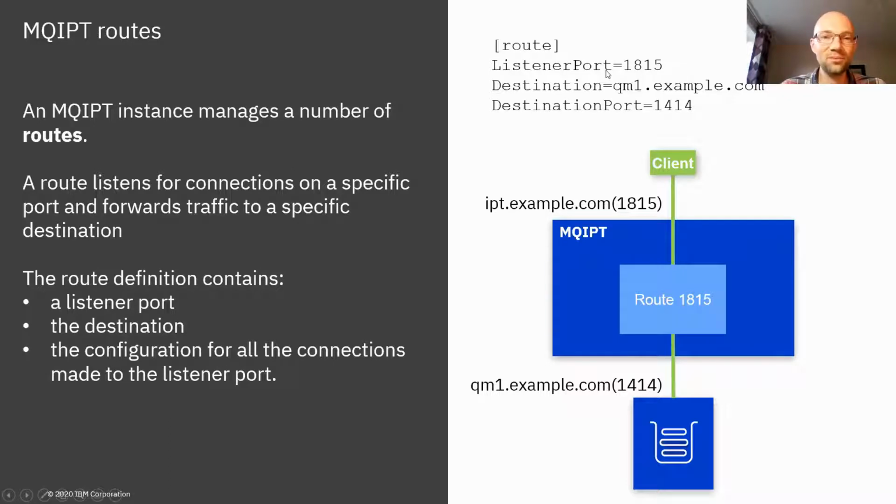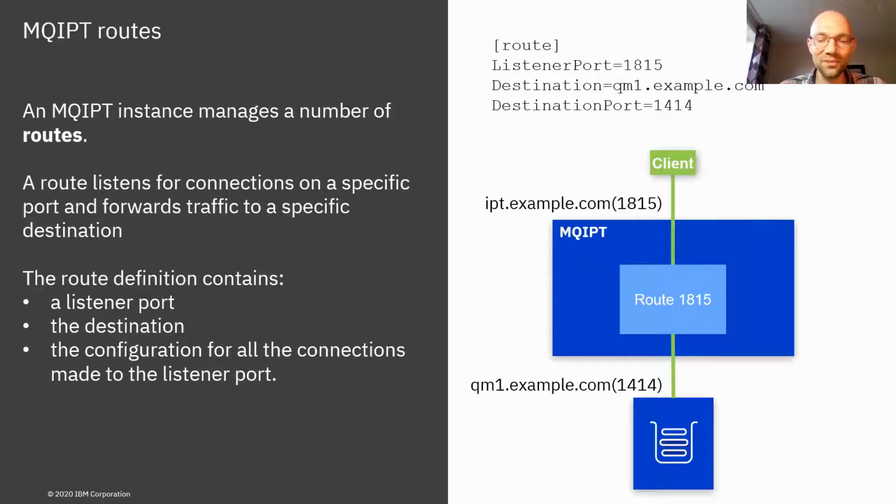It needs to be given a listener port, the port that MQIPT is going to be listening on for connections coming in. It also needs a destination host name and port number, which are the destination host and port that IPT is going to send that connection on to.